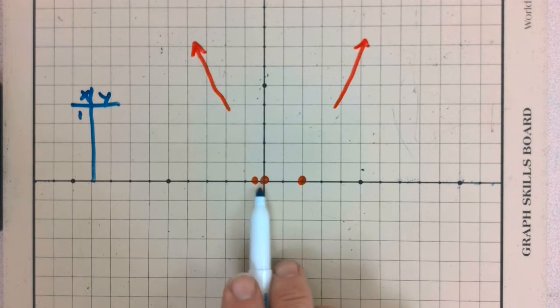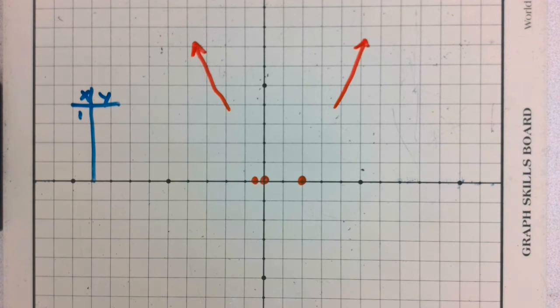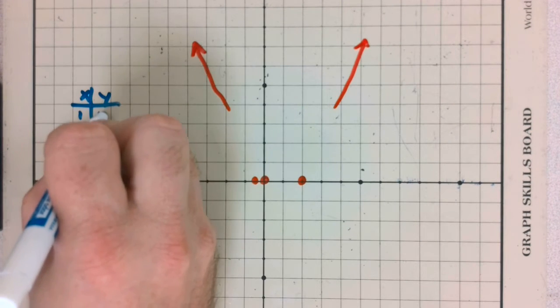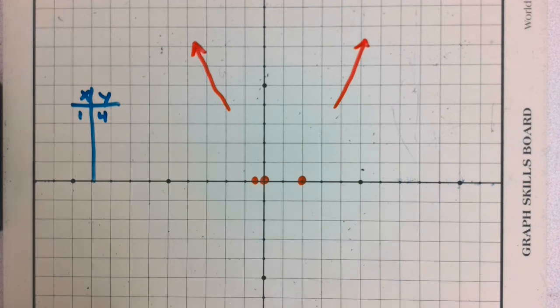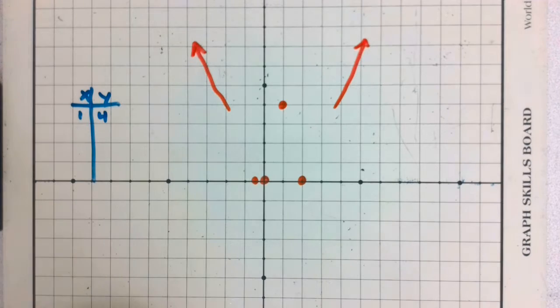If there were other numbers between these x-intercepts that were nice integer values, I'd plug in a few more in my xy table. Plug in 2, 3 of those, and then you're good. If you plug in 1, you do get 4 for the y value in that original equation, so just plug that back into the original equation. So that means the point 1, 4 is another point that's on the graph. So 1, 4, that's here.